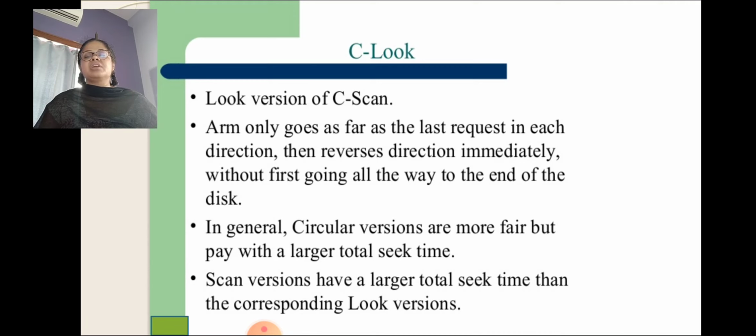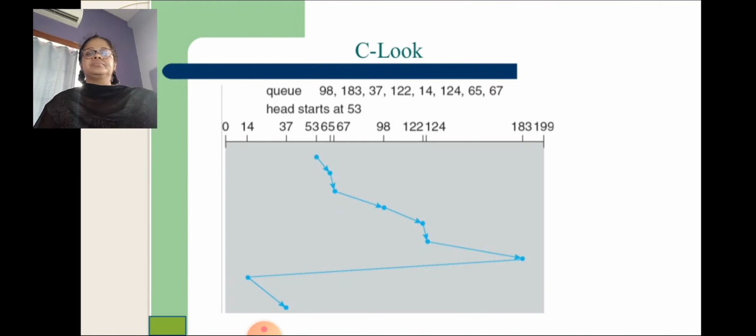In general, circular versions are more fair but pay with a larger total seek time. SCAN versions have a larger total seek time than the corresponding LOOK versions. This is the diagrammatic representation of the C-LOOK algorithm, and the head starts from 53.